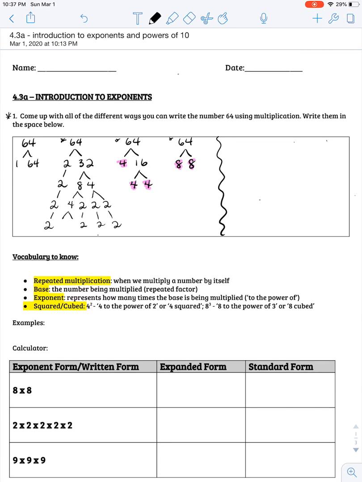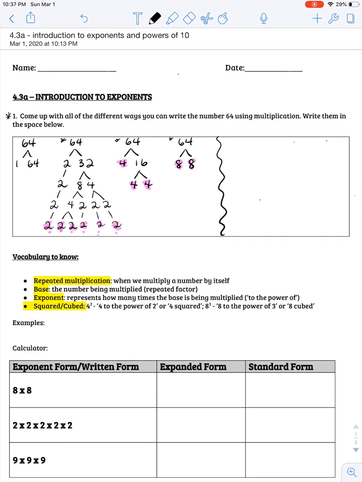And the 4 we know is still composite. It breaks down into 2 times 2. If we look at the bottom of this factor tree now for 64, we know that we have all prime numbers. And again, another form of repeated multiplication, because 2 times 2 is 4, times 2 is 8, times 2 is 16, times 2 is 32, times 2 is 64.